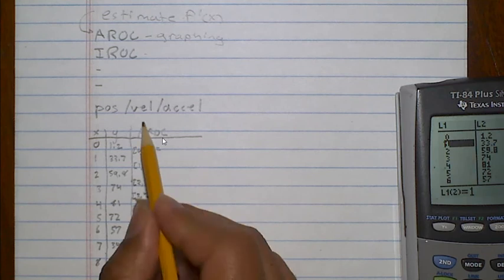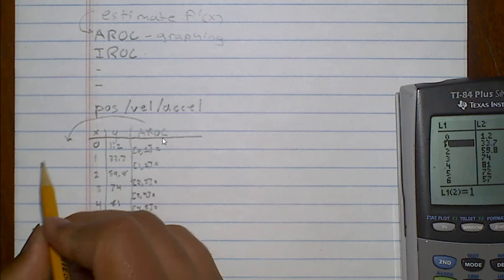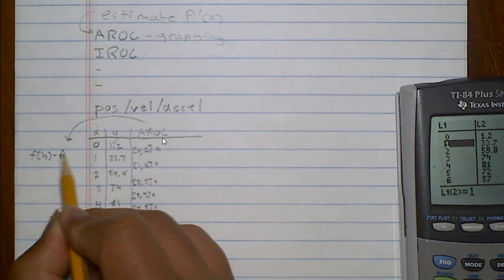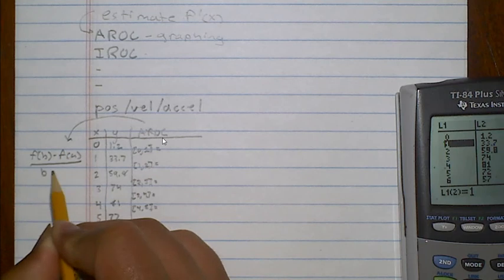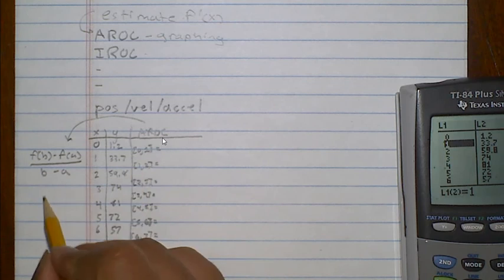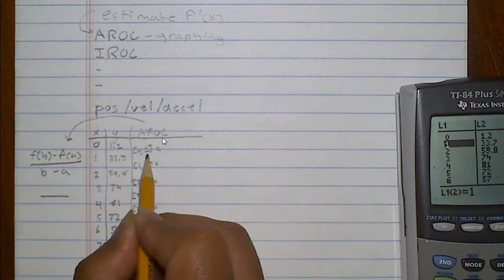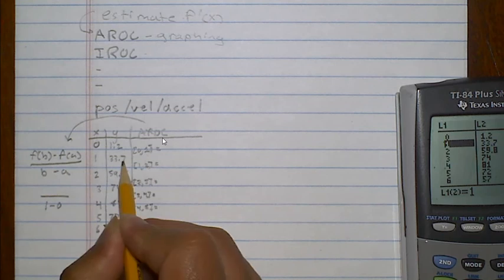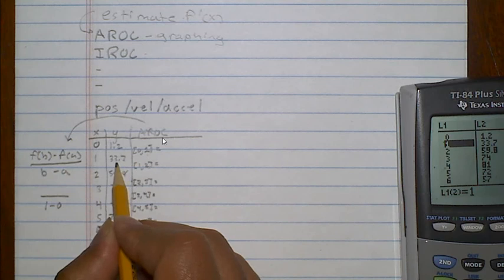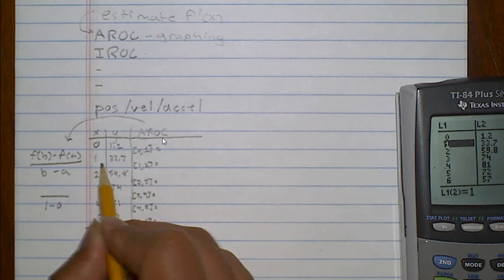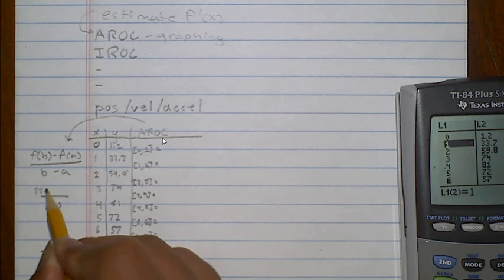Okay, we use this formula, f of b minus f of a over b minus a, which on this interval right here, 0 to 1, translates to on the bottom, b is 1, a is 0, so 1 minus 0, and then f of b is the y value at b, which is 1. B is 1. So what's the y value at 1? 33.7 minus 1.2.